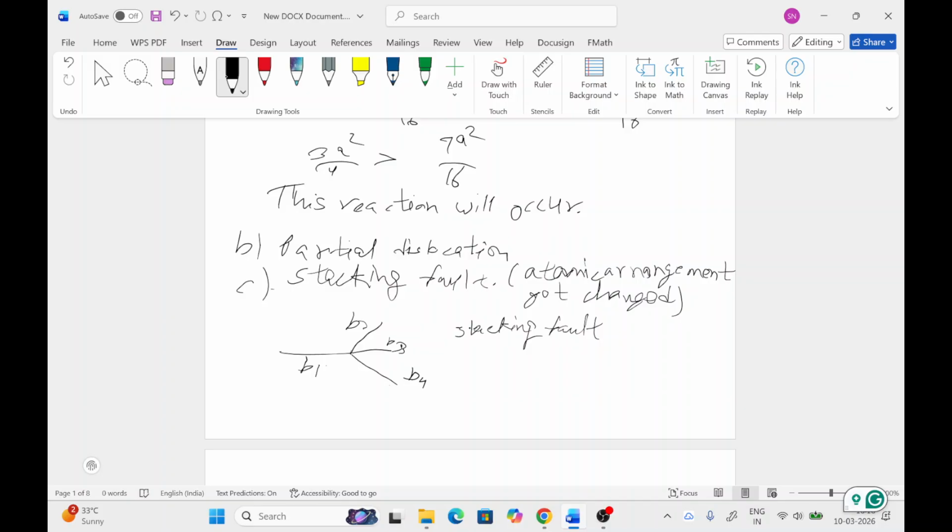Because of this dissociation, some energy is associated with the partials and the region between them. That energy is called stacking fault energy.